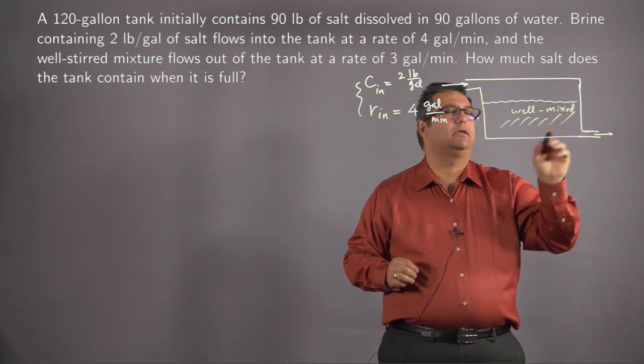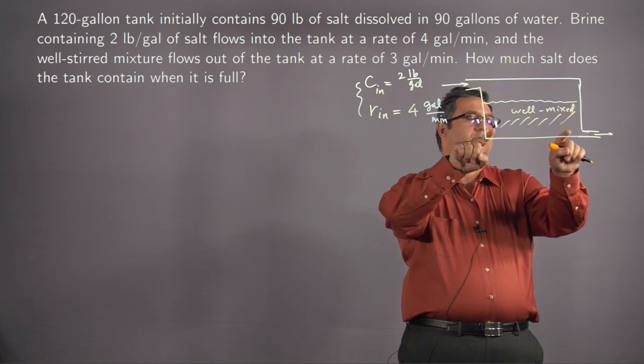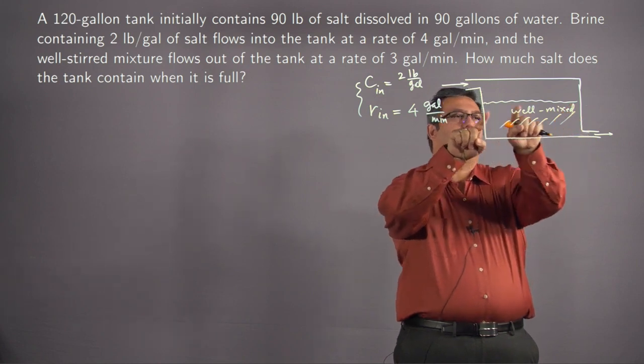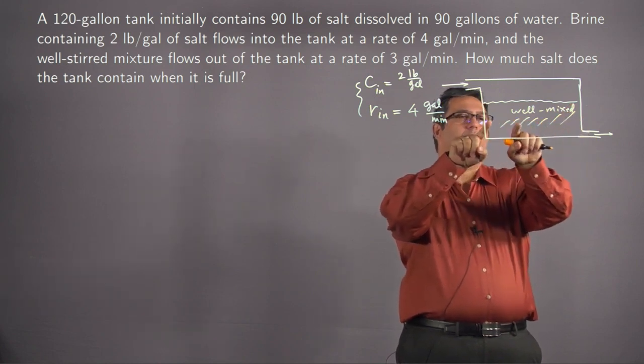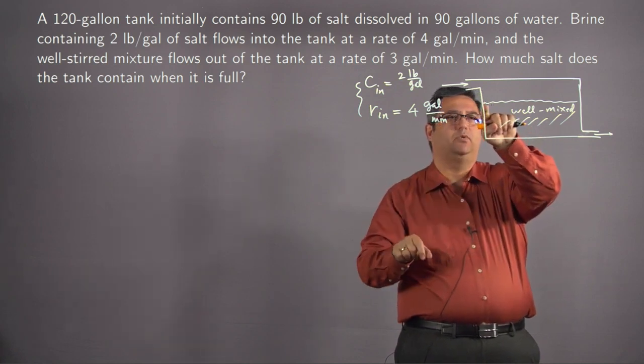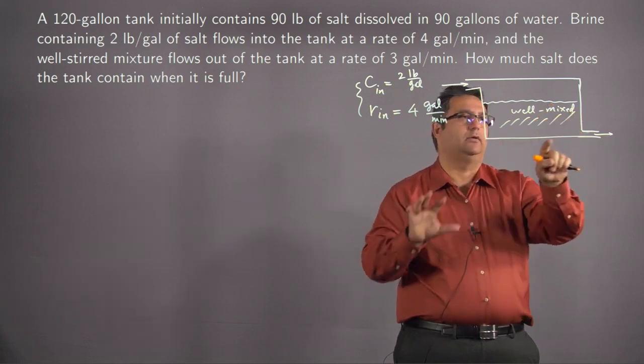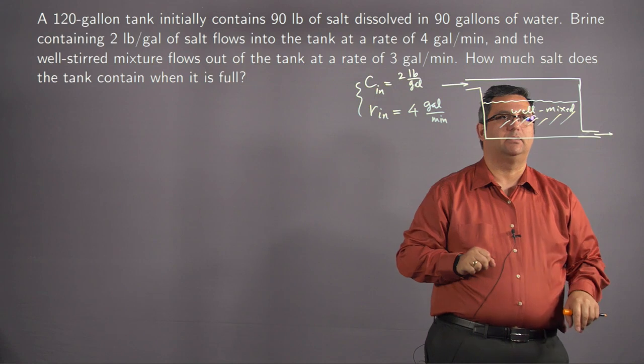That well mixing condition means that the brine is equally salty at each time. So for each value of t, the concentration at this point, this point, this point, at the exit, everywhere is the same. So that's the well mixing condition.